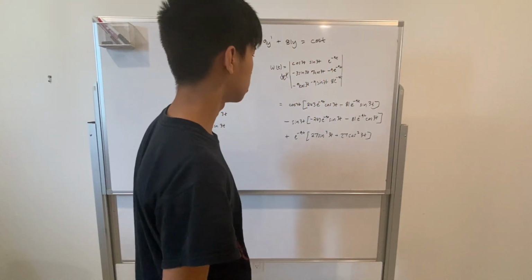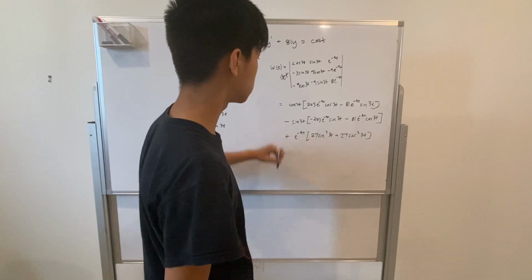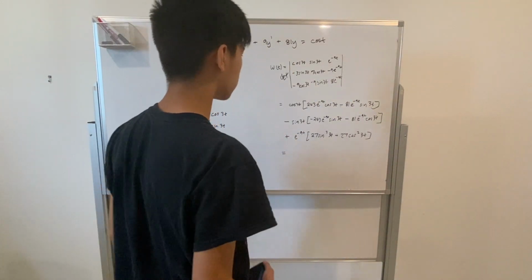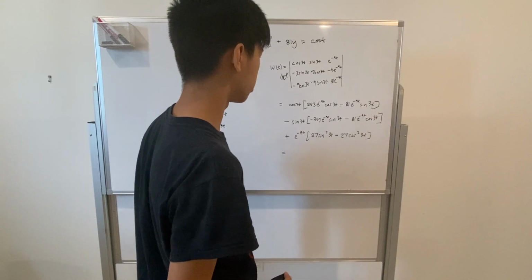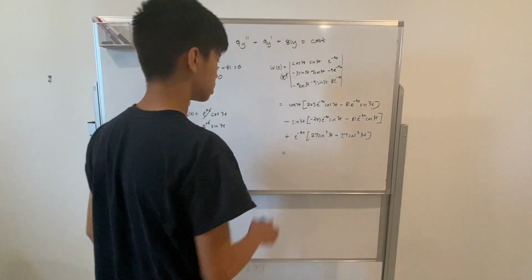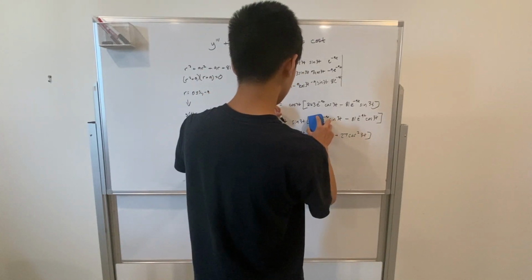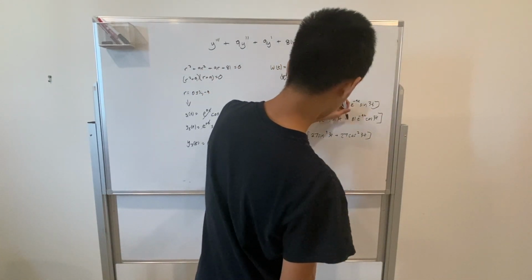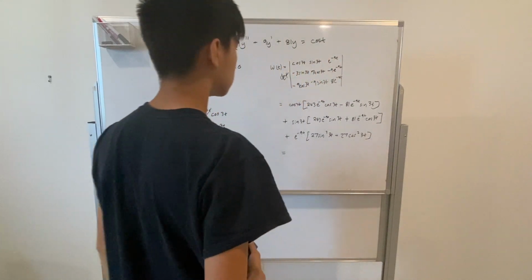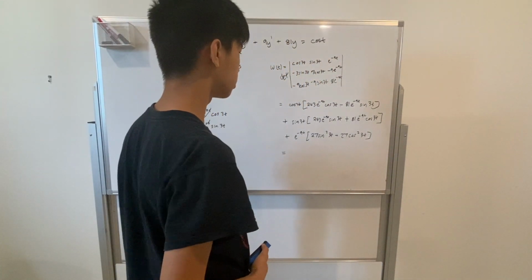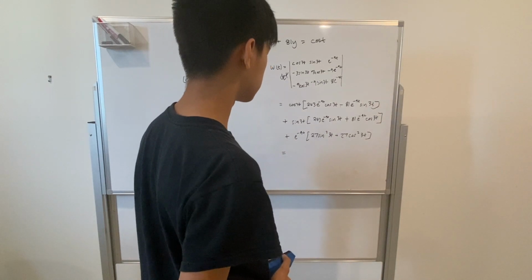Okay, so we have a lot of stuff to unpack here. Let's first look for anything that cancels out with each other. That would be nice. So let's first simplify the negative sign. So it kind of looks like not much cancels out here.